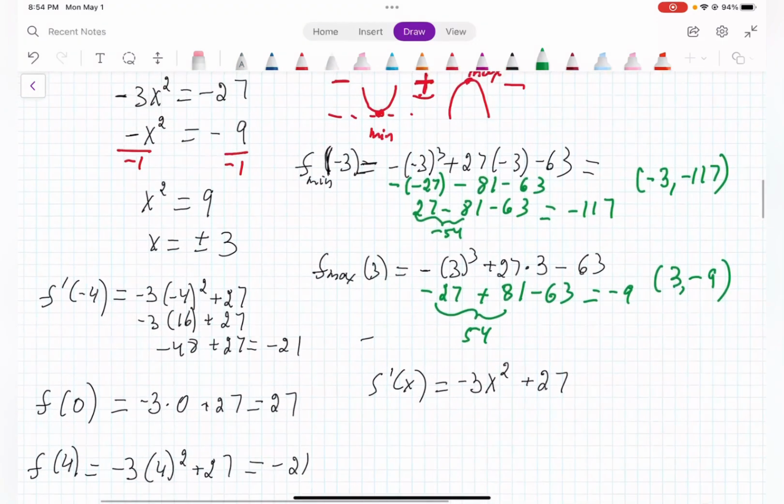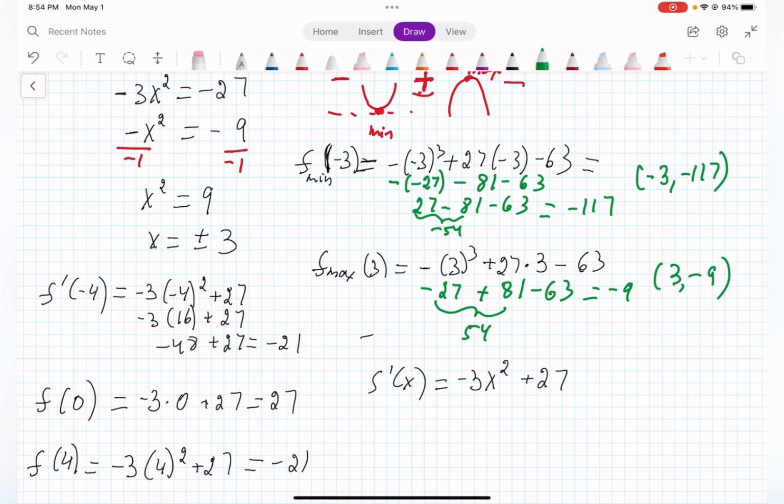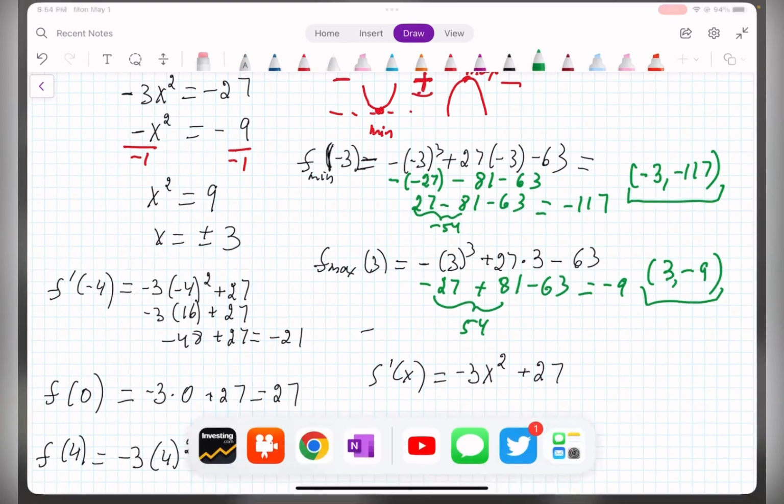Okay, so this one is going to be the coordinate of the minimum. This is going to be the coordinate of the relative maximum. Let's plug in the answer, see what we have.